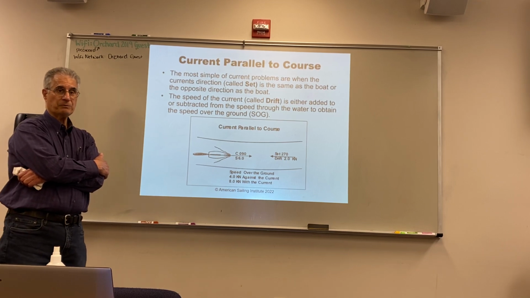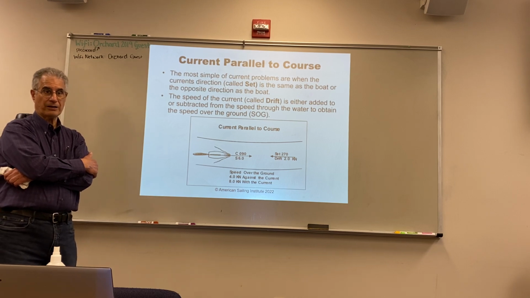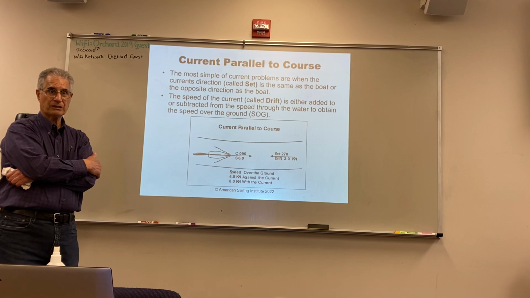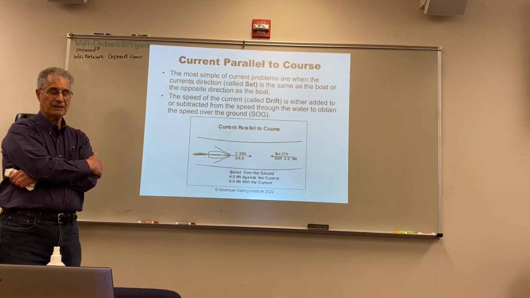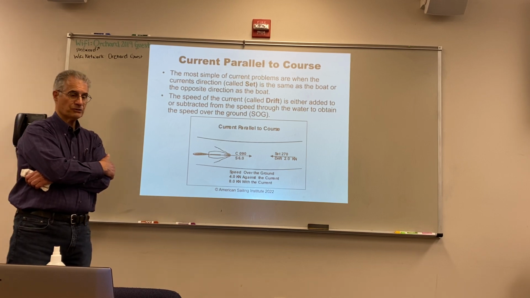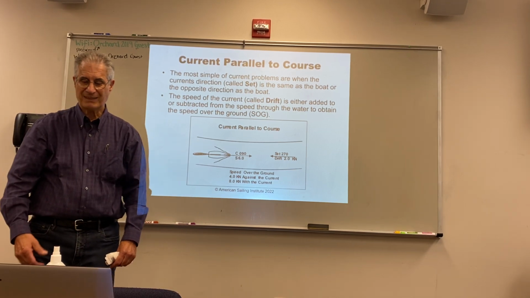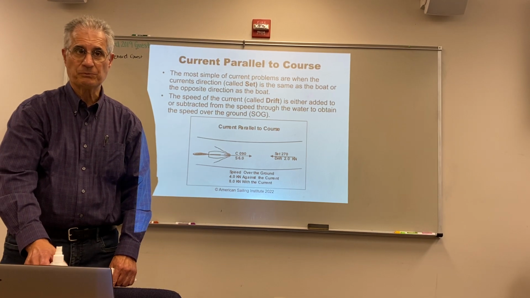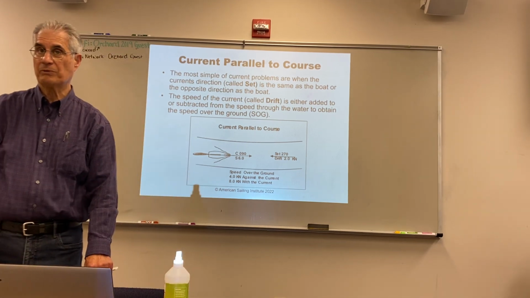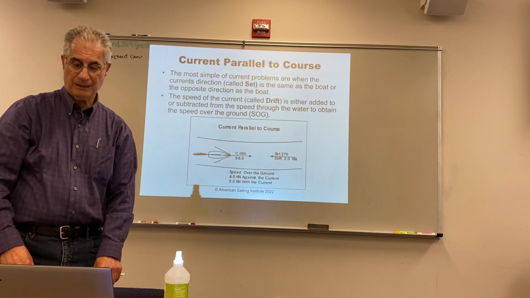You can read your speed over ground on your chart plotter, because it's doing it from GPS. So chart plotters will give you a pretty good actual speed over ground. But your knot meter in Lake St. Clair is going to be pretty close. But if you're in a river, it's not going to be close. It's going to be off.